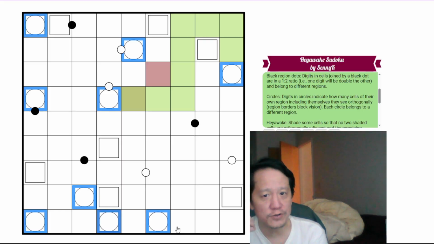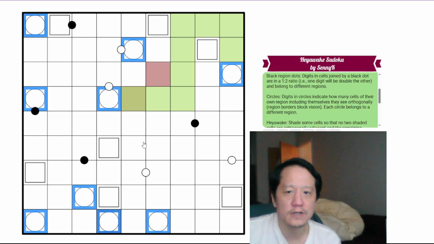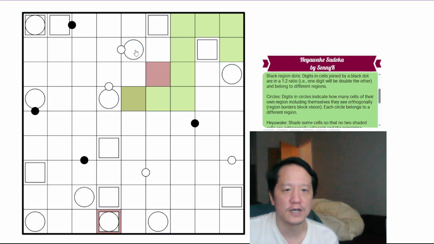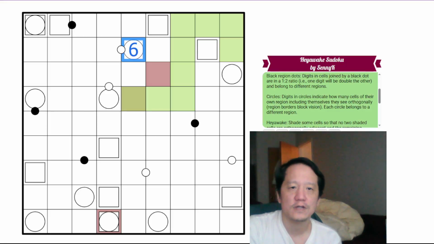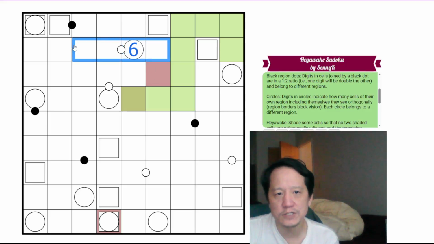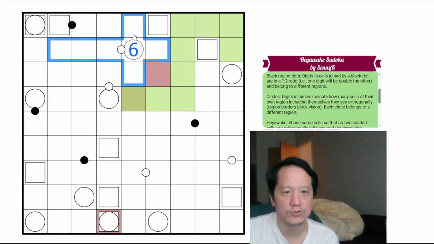There's nothing about uniqueness about these digits, so they could be repeats here. But if this were to, say, have a 6, that means this would see 6 cells in its region orthogonally, which means basically in a horizontal and vertical direction.